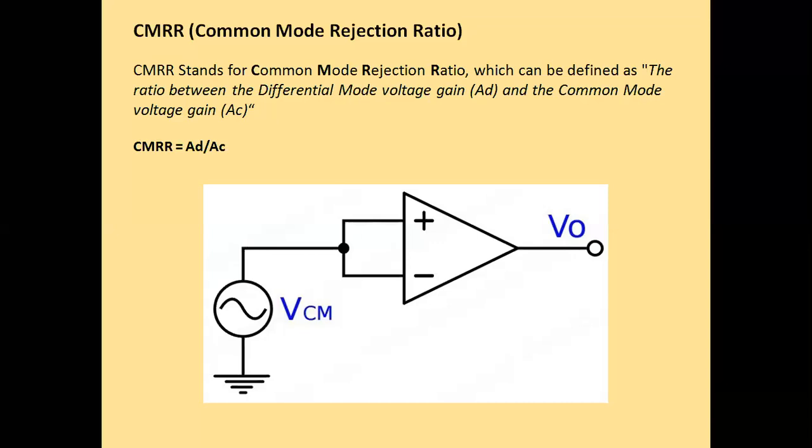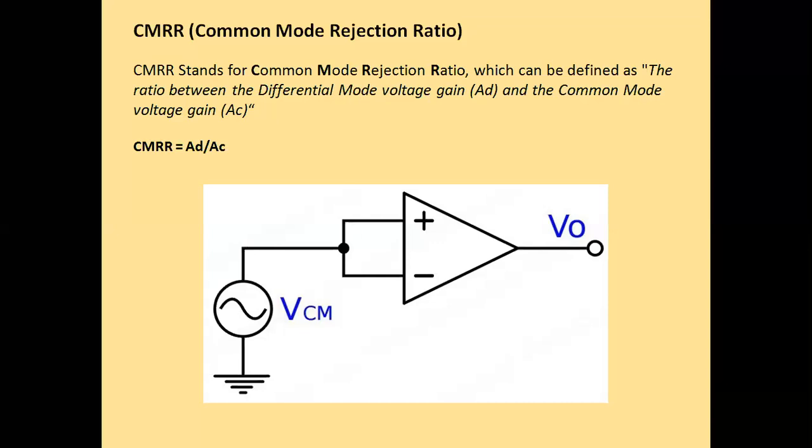That means we can define CMRR as the ratio between differential mode voltage gain represented by AD and the common mode voltage gain represented by AC.